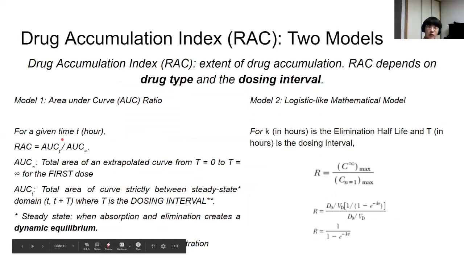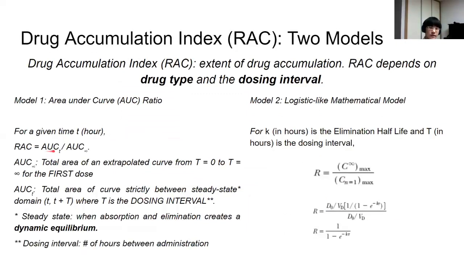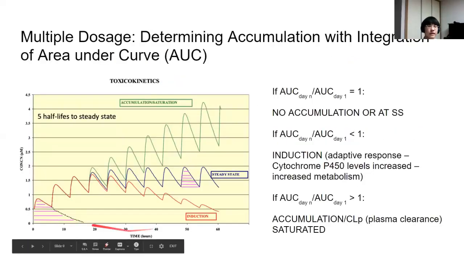So RAC is also expressed as AUC for T over AUC for infinity. AUC infinity is the total area of an extrapolated curve from T equals 0 to T equals infinity for the first dose. As I said, here is the initial first dose.